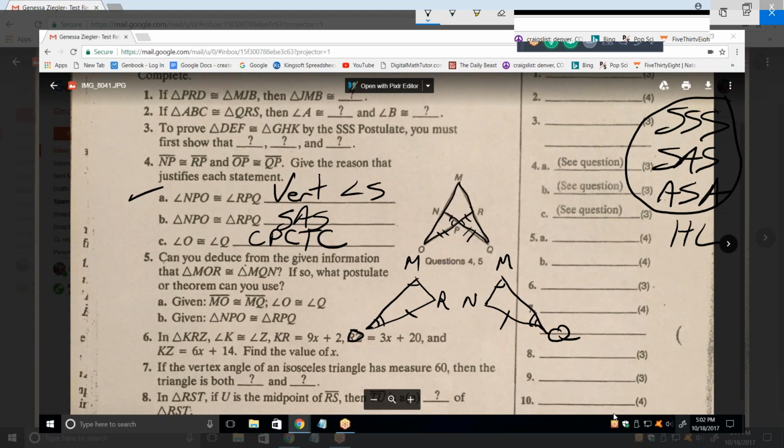O is equal to Q. Because of the CPCTC. Those two little triangles, I'm going to put a check mark in them. That triangle and that triangle, we just proved were congruent in problem 4, right? Well, proving they're congruent makes that angle equal to that angle. And that O is equal to Q.